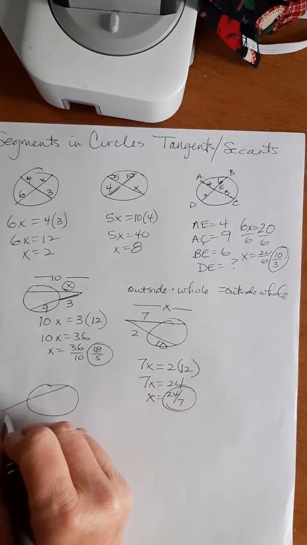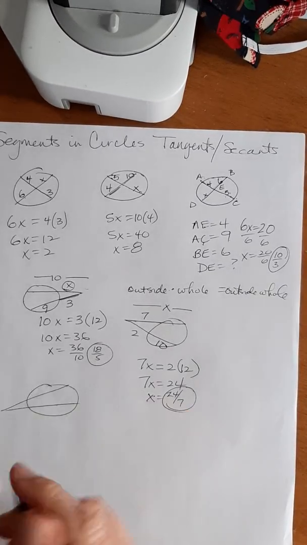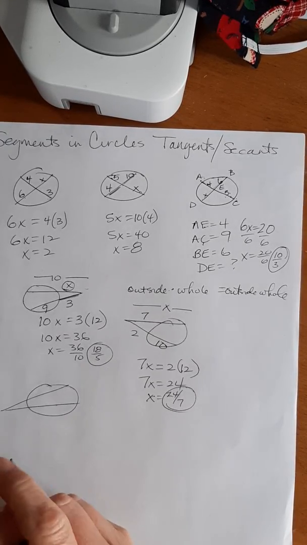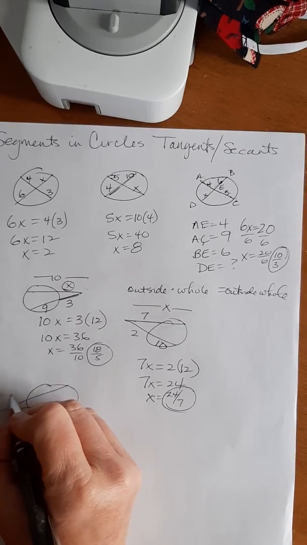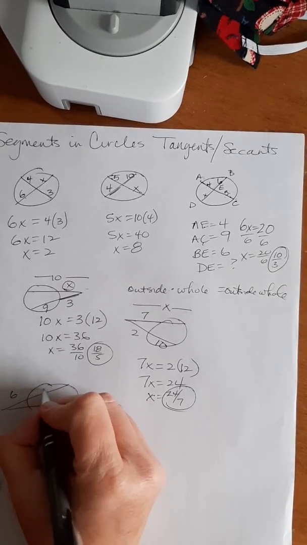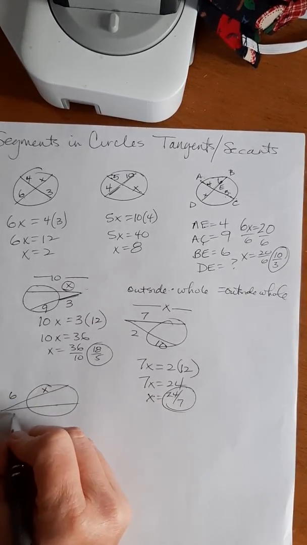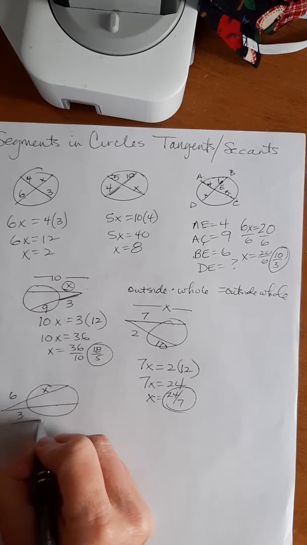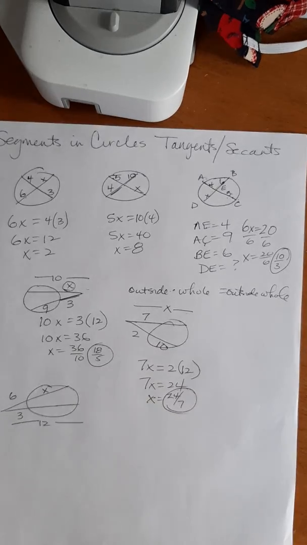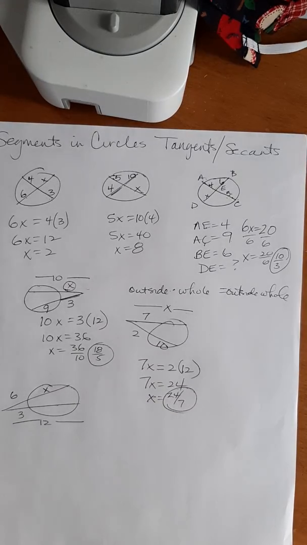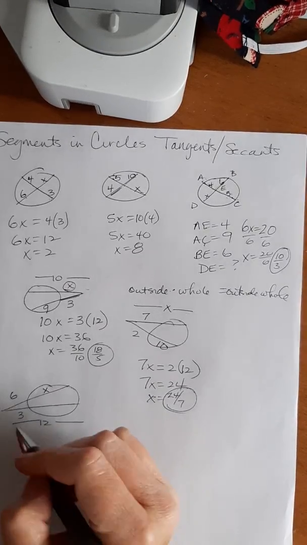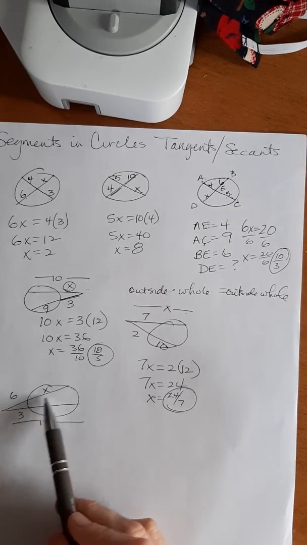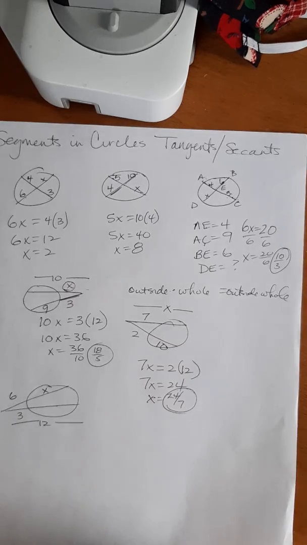And I know you're like, well, what about if they're sneaky? Because you know they are. They're going to have those moments where, let's say, they give you, I don't know, maybe this is 6, this, and maybe 3, 12. Well, I know you're like, wait, how am I going to find that?